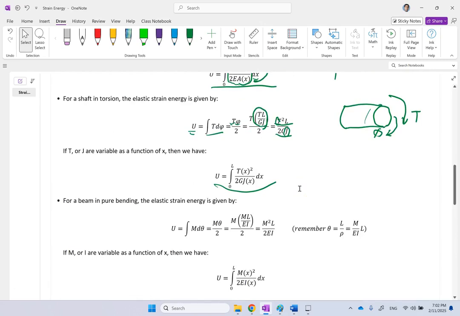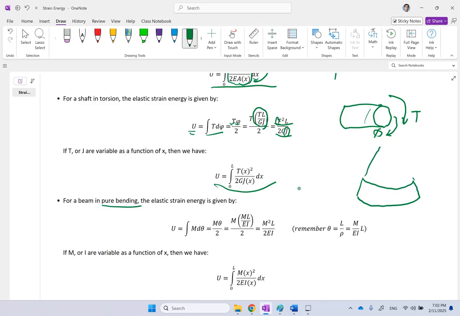And if the beam is in bending, and here we talk about pure bending, so if you have pure bending here, and it comes to one single center of curvature, O, and these are rho, and this angle is theta, and this length is L, and these moments are M, then the total energy is going to be the integral of M dθ.